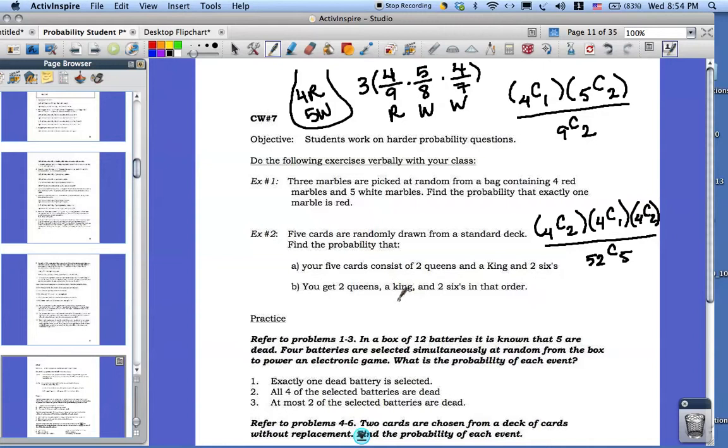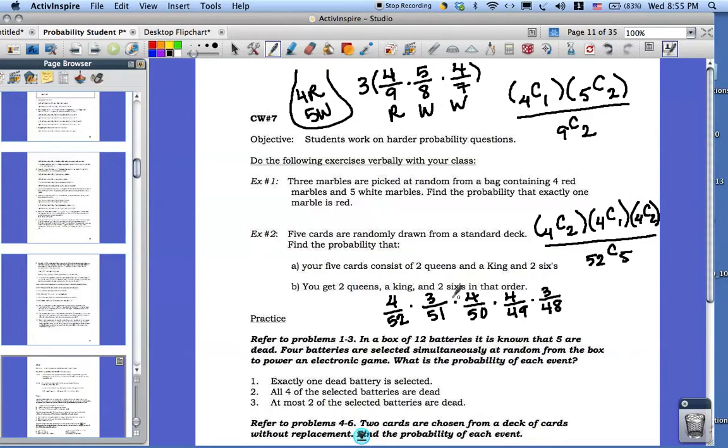And so for that, you can think, well, I want my first one to be a queen, 4 out of 52. I want to make sure that the second one's a queen, 3 left out of 51. I want to make sure my next one is a king, 4 out of 50. And then the next one's a 6, 4 out of 49. And the next one's a 6, 3 left of those out of 48.